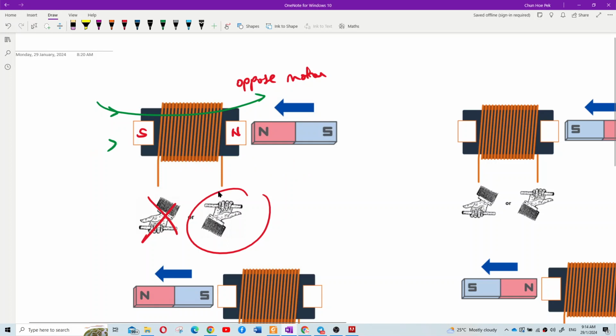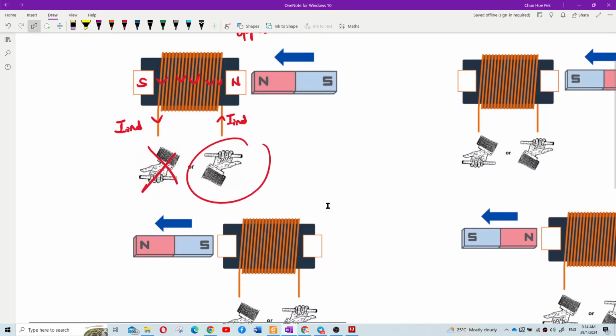Okay, saya tetap mau lukis ini dulu ya. Nanti lain kali baru saya ajar. So sini jadi north. So current dia bergerak macam mana? Current dia di sini. Induced current dia di sini. Ke bawah ya. Ke bawah sini induced current. Faham tak kelas?